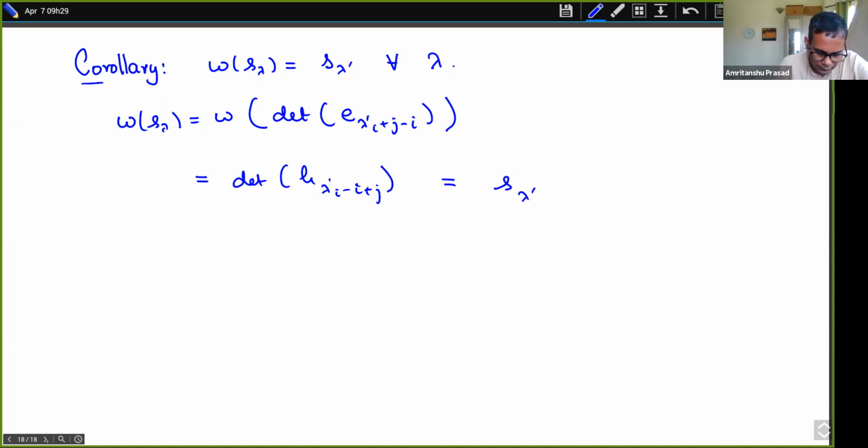So this duality comes from the Jacobi and Trudy form for the Schur function.